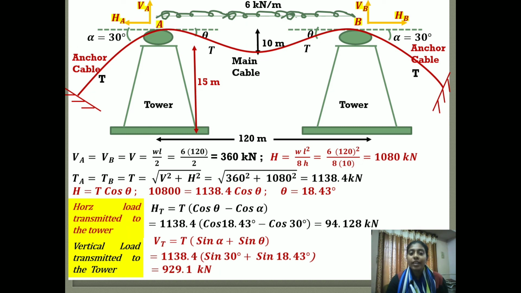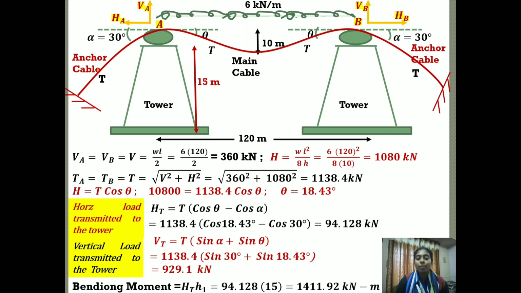Now for the vertical load transmitted to the tower, we equate the vertical components. This is T sin theta, and here it is T sin alpha. So T sin theta plus T sin alpha gives 929.1 kilonewton. The vertical load transmitted to the tower will be 929.1 kilonewton.